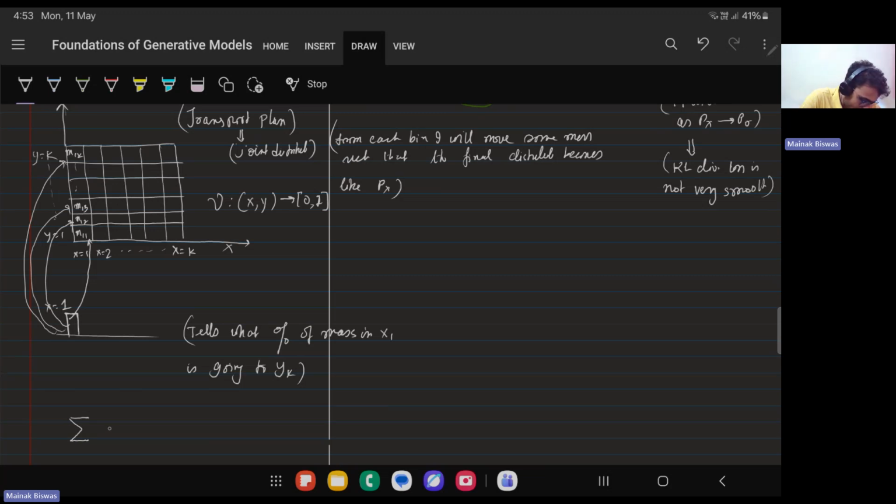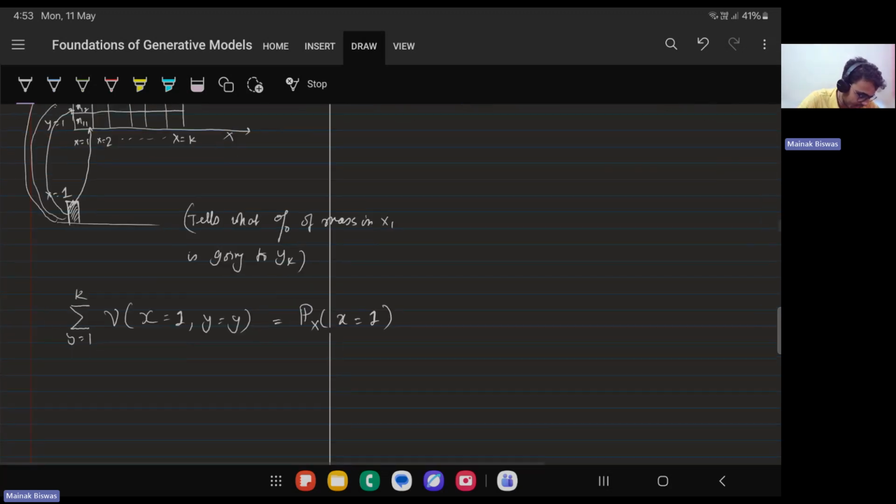So if I do mu of X equal to 1 and Y from 1 to K, this has to be the probability of X equal to 1, because it has to be the marginal. This is the total mass that X1 has. Whatever mass X1 had, I'm redistributing it. So if I sum over all the masses that were redistributed, it should be equal to the mass that X1 had. That is the idea.